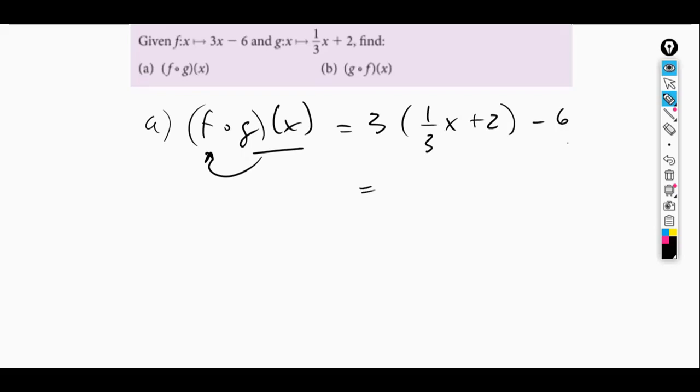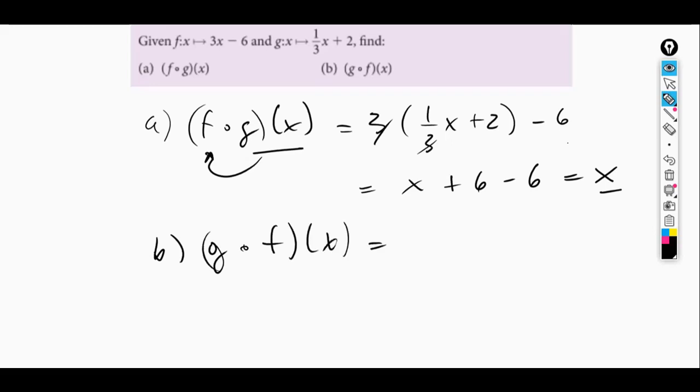So this is going to equal 3 times x divided by 3, that's just going to be x, and then 3 times 2, that's going to be 6, minus 6, and this equals x. So notice that we get x, the identity function. For b, we're going to do g of f of x.